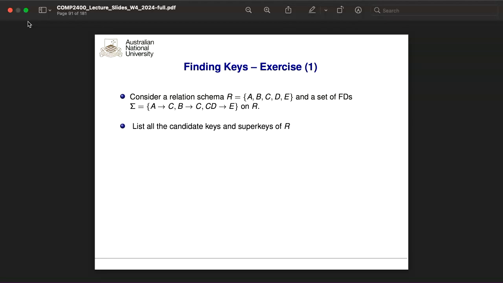So let's do some exercise together. If we have a relation schema, A, B, C, D, E, we have 3 functional dependencies defined on this relation schema. Then if the question is ask you to find all the candidate keys and also super keys, how would you get started?